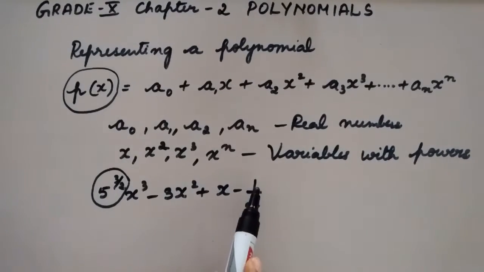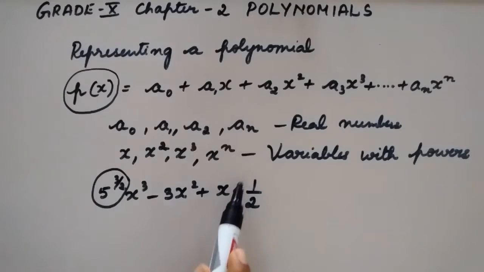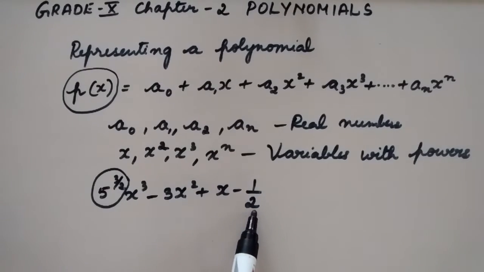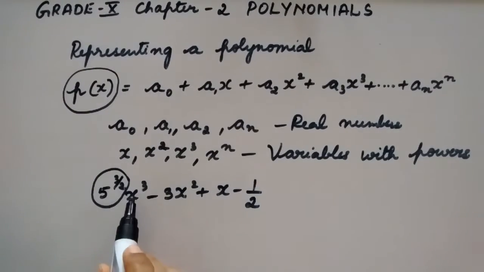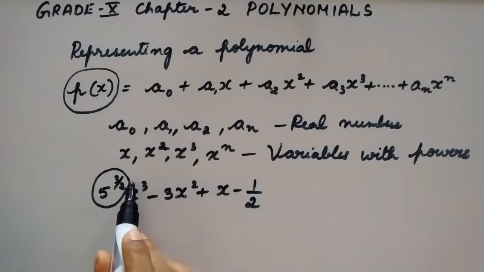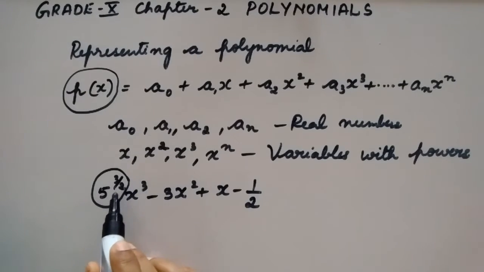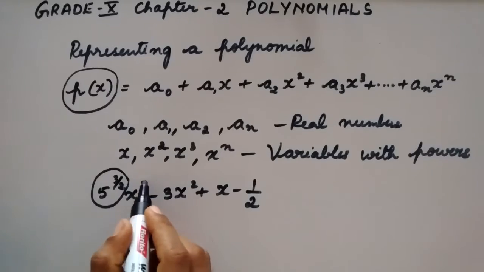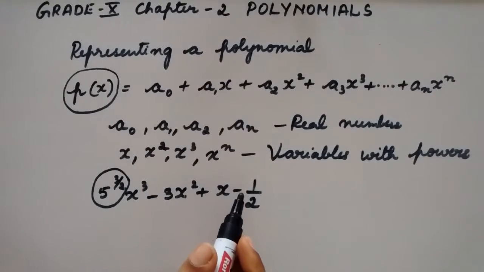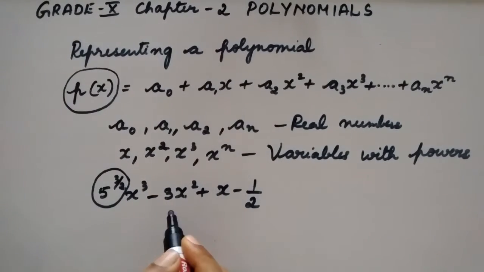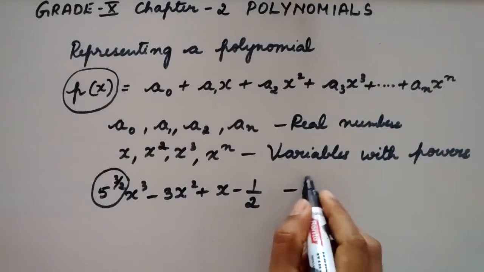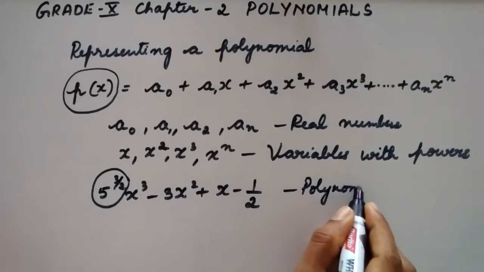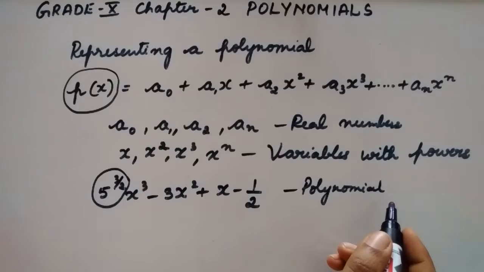Yes. What about 1 by 2? Even 1 by 2 is a real number. And also the restriction which is given to a variable: it should have the power which is a positive integer. So it satisfies the condition. The variable satisfies its condition. So, this is a polynomial.